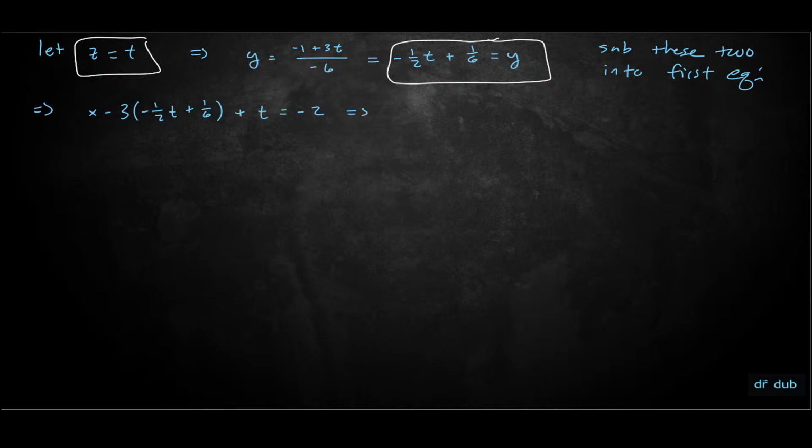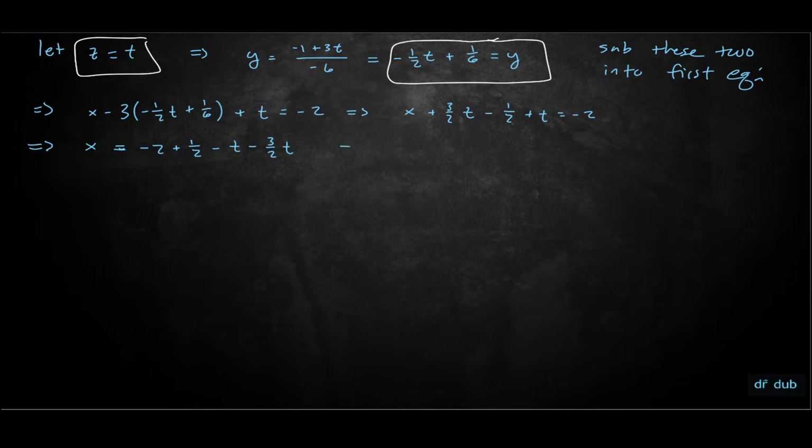So that's going to give us x plus 3/2 times t minus 1/2 plus t equals -2. And simplifying that a little bit more, we get x equals -2 plus 1/2 minus t minus 3/2 t.